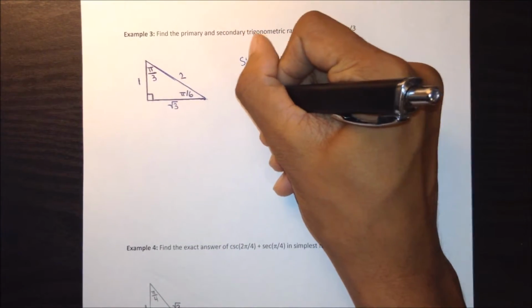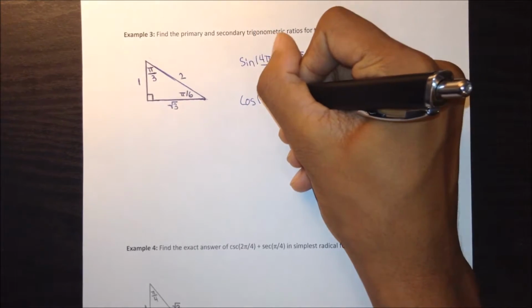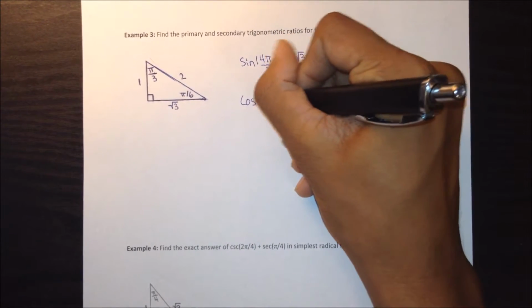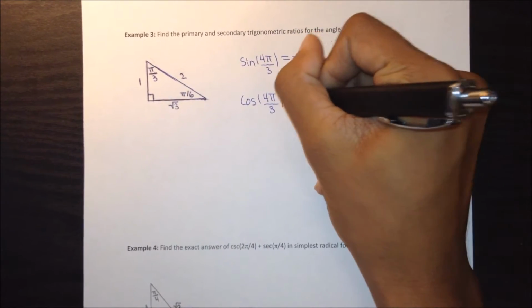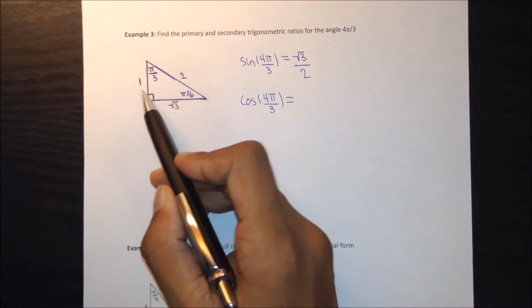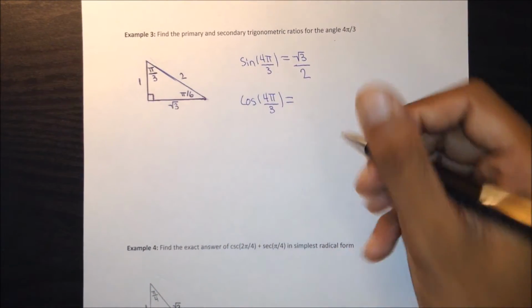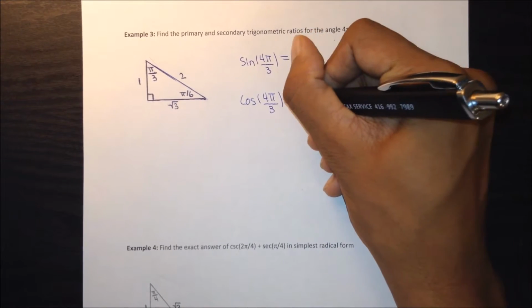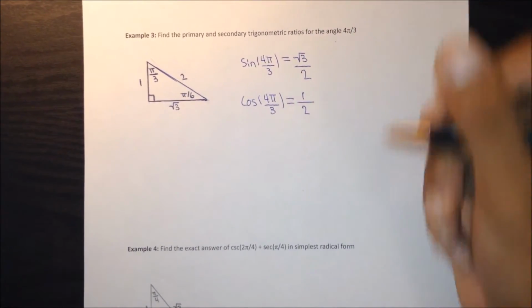The cos of 4 pi over 3 would equal the adjacent over the hypotenuse, so that would be 1 over 2.